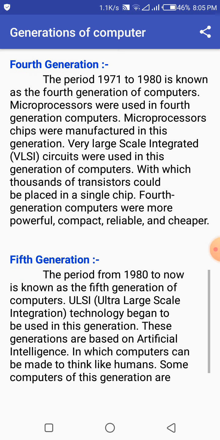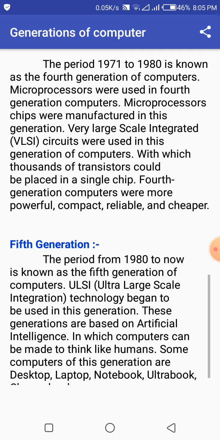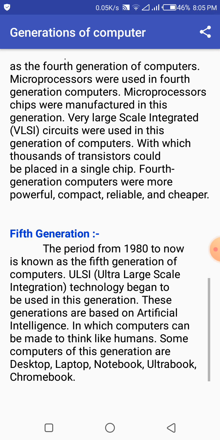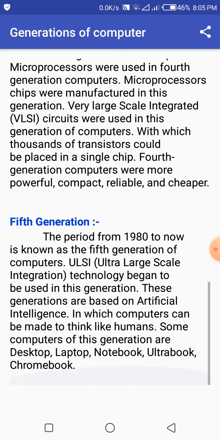Fourth generation. The period 1971 to 1980 is known as the fourth generation of computers. Microprocessors were used in fourth generation computers. Microprocessor chips were manufactured in this generation.